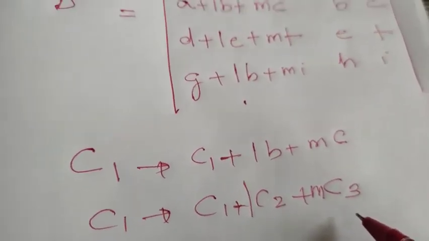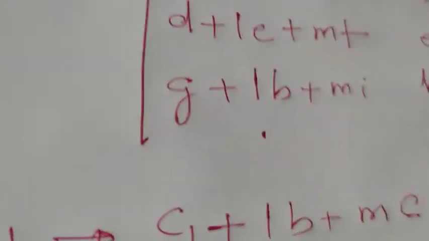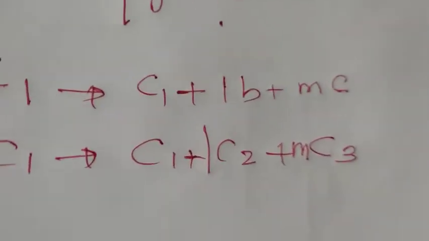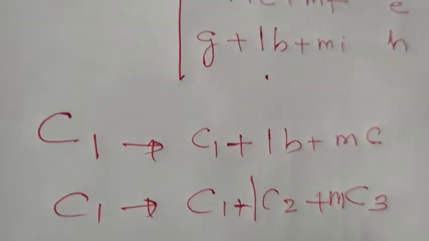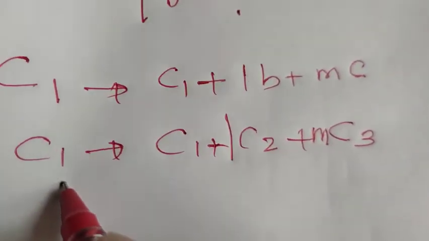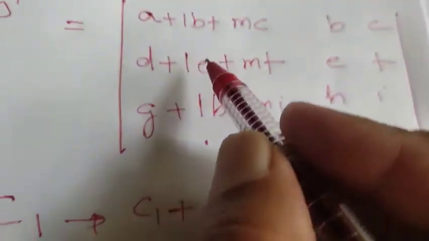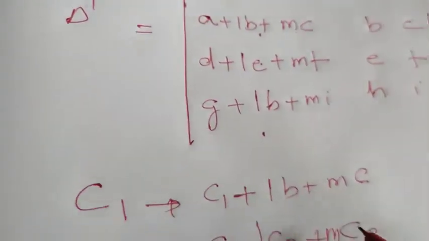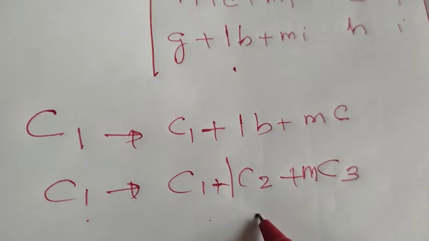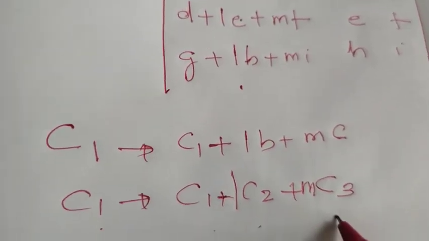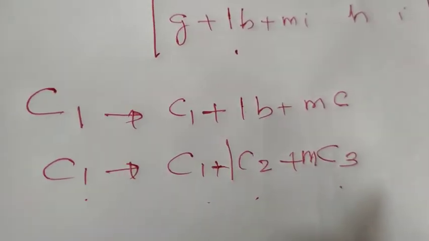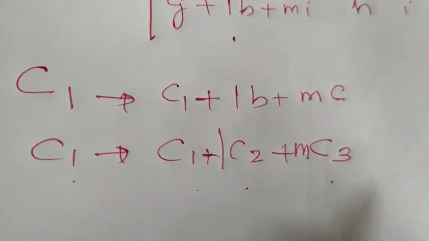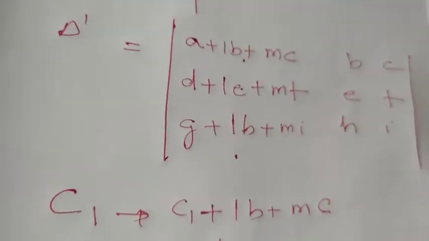So you can see, this way, you can change the determinant. Each element of C1 is changed to C1 plus L C2 plus M C3. So this is one property of the determinant. We already discussed that.